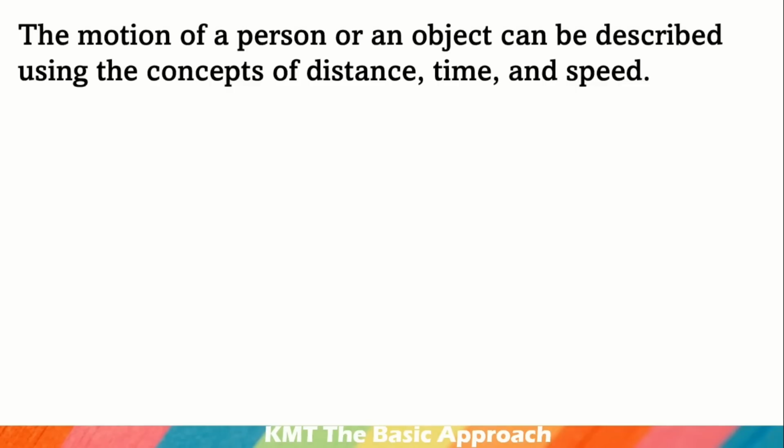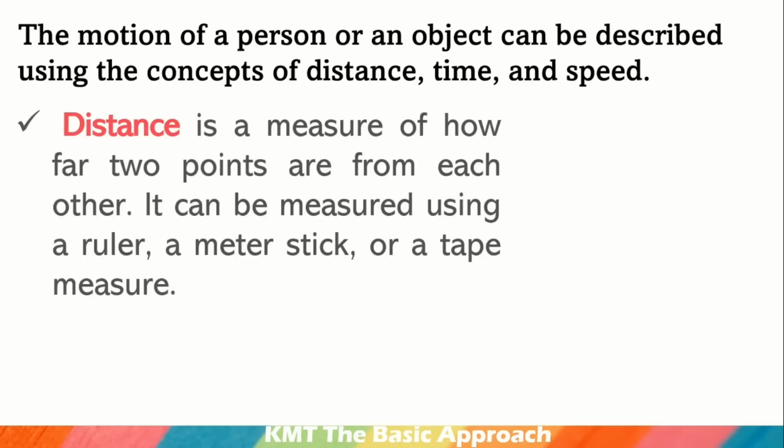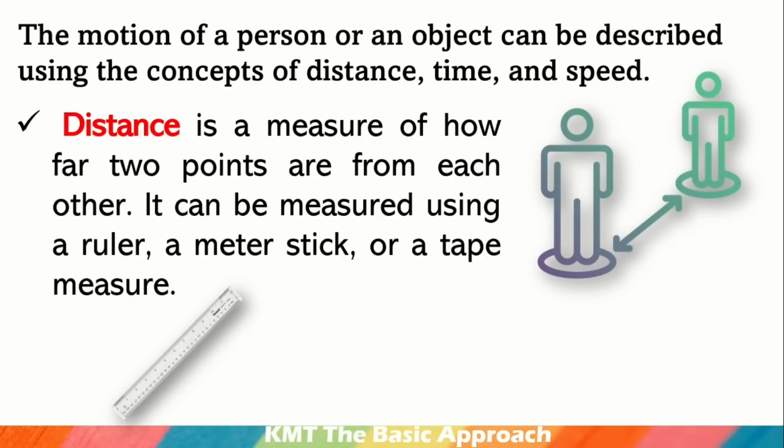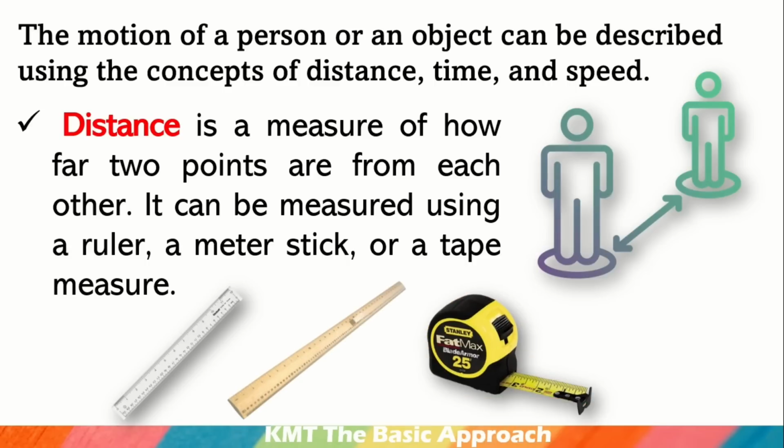The motion of a person or an object can be described using the concepts of distance, time, and speed. Distance is a measure of how far 2 points are from each other. It can be measured using a ruler, a meter stick, or a tape measure.